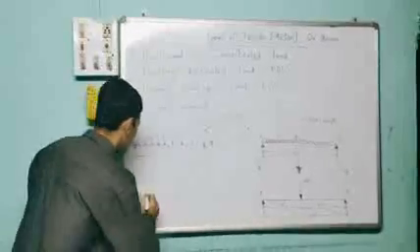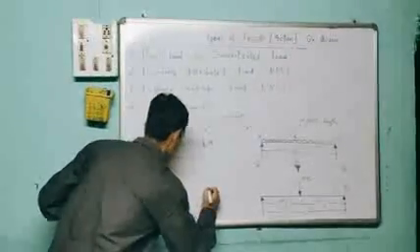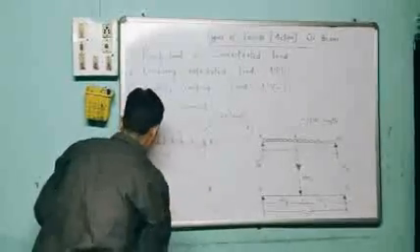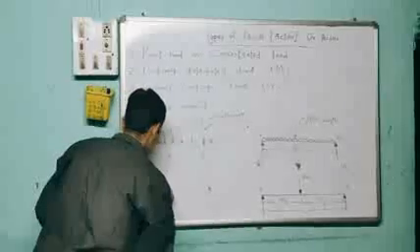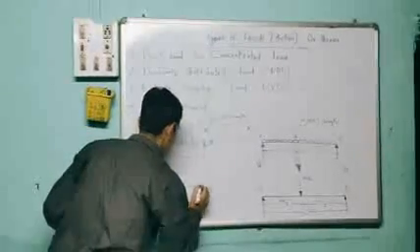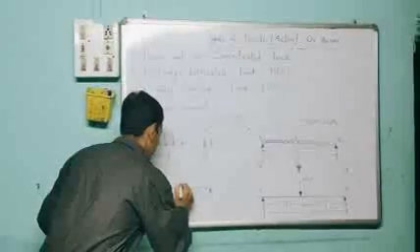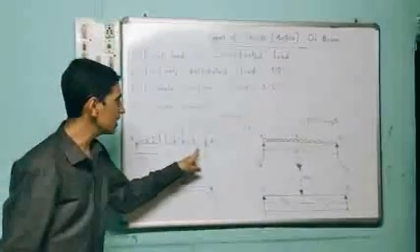Now for simpler calculation of support reactions, we can convert this triangular load, or the UVL, into its single point load. Now I will tell you how to convert this triangular load into its single point load.